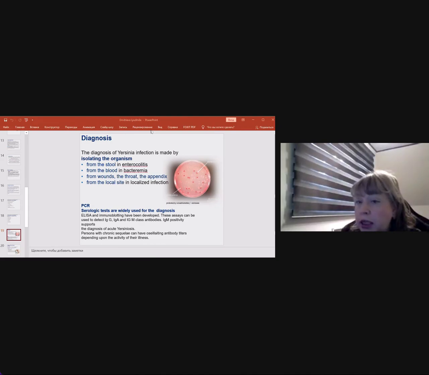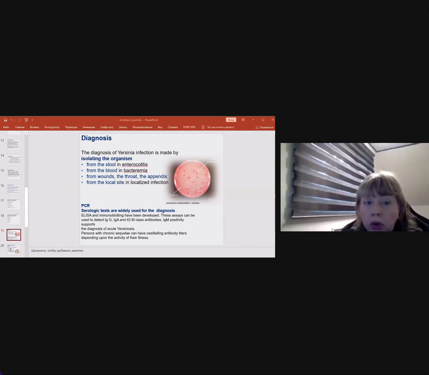With chronic disease, at the moment of exacerbation, the patients may have increased antibody titers, and in a quiet period, they may have low antibody titers to Yersinia species. Don't forget about it.